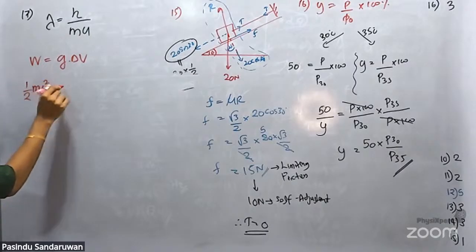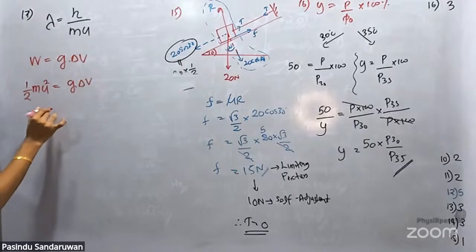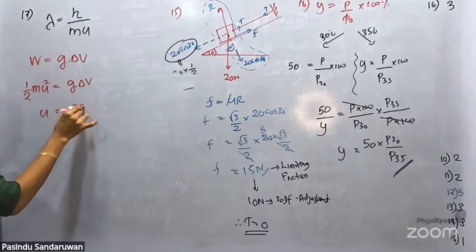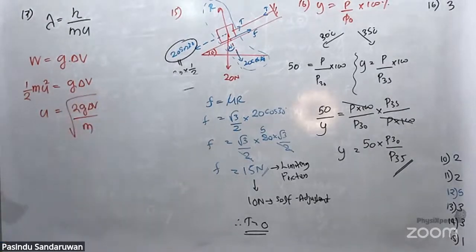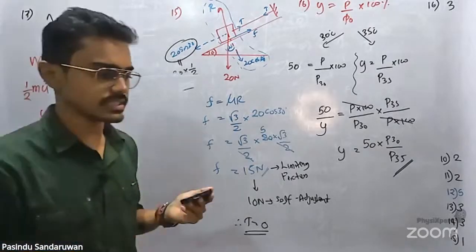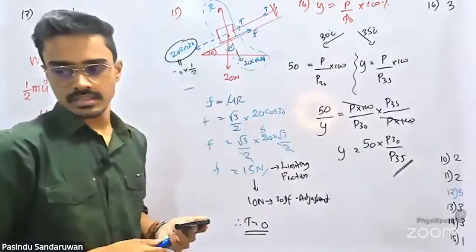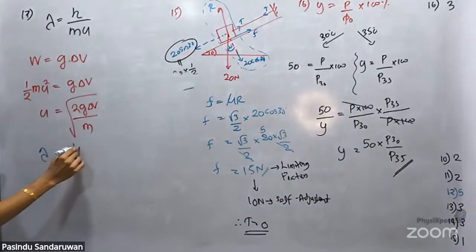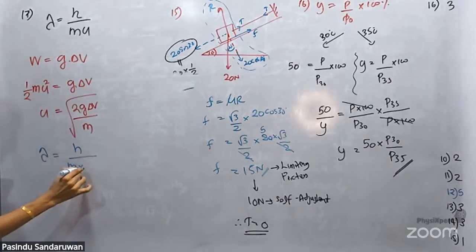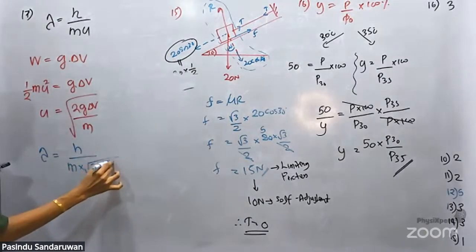Half of mu squared equals Q delta V, which means, subject U, U is square root of 2Q delta V over M. Now, I can rewrite de Broglie's equation as lambda equals h over m, and for u, I can write square root of 2q delta V over m.